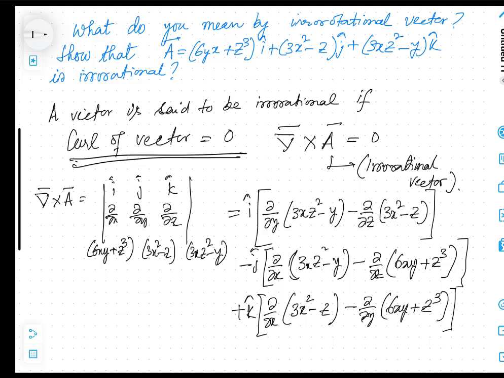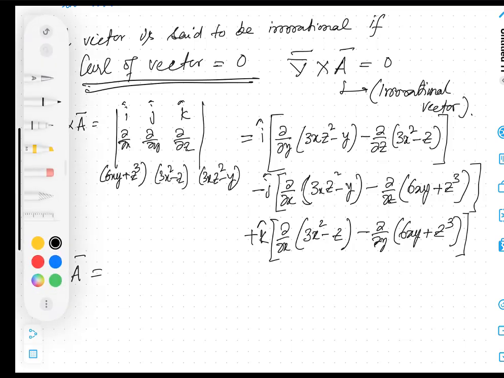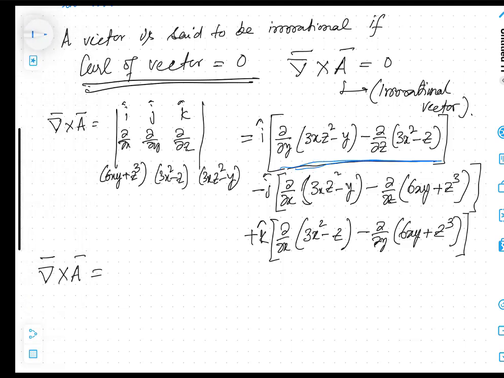Now I have to do the partial derivative for every term, considering the bracket terms also. While doing this, I calculate the curl of A. For the first bracket, del del y means I am doing the derivative with respect to y, and in the bracket it is 3xz square minus y. Other than y, all the terms are considered constant.